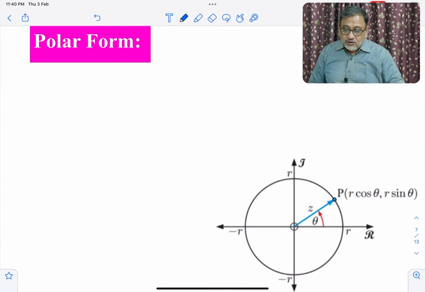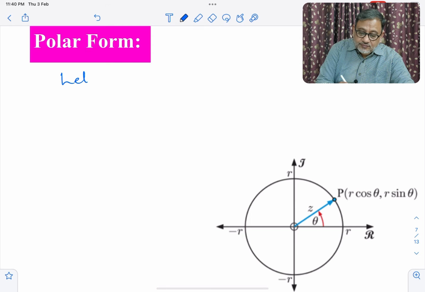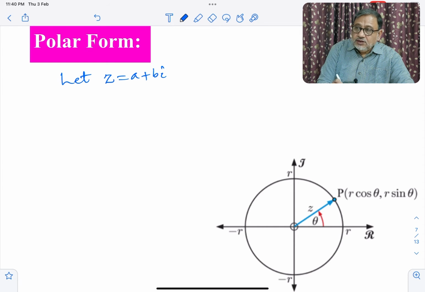So let us see the polar form now. Polar form means writing it in terms of the angle, to write a complex number in the form of its angle. Look here, this figure I have drawn already. Let z be a complex number given by a plus b i.